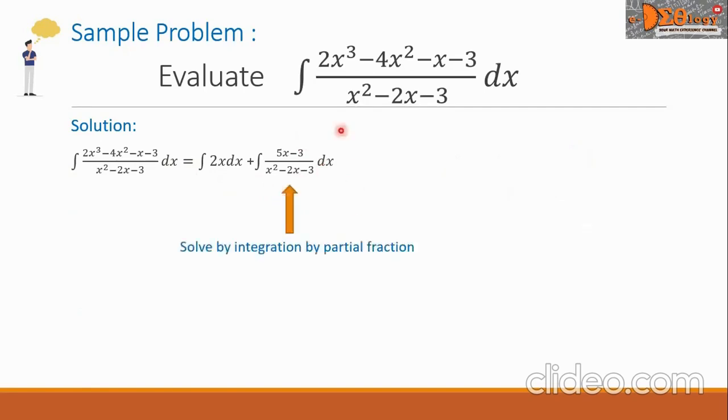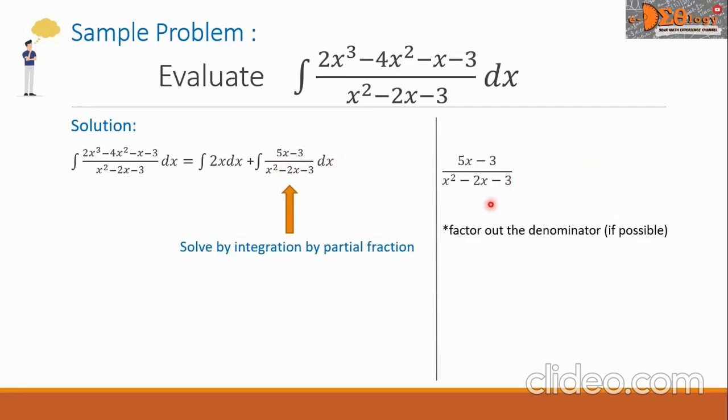Now let us solve this integral here by partial fraction. Let us copy this fraction in here. At first, let us try to factor out the denominator. And the factors are x minus 3 times x plus 1.